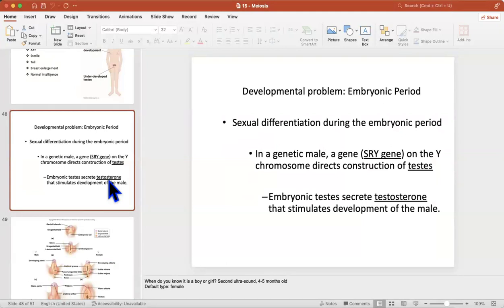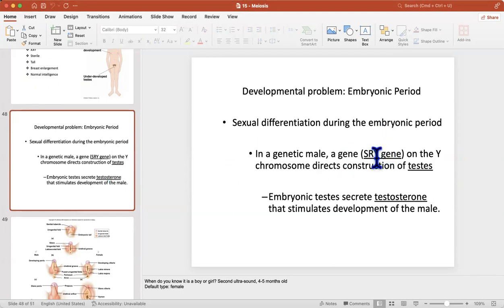And the last part, let's look at gender development. The default type for the human embryo is female. So if nothing happens, the embryo will develop into female. Why do some embryos develop into male? Not just because of the Y chromosome, but also because on the Y chromosome you have a gene called the SRY gene.